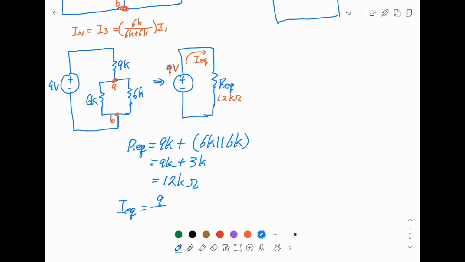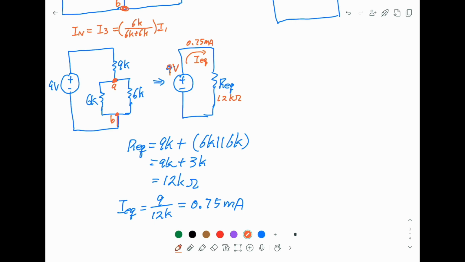Of course the total current is 9 over 12K, the same 9 over 12, and you got 0.75, 1 over K becomes milliampere. So this current here is 0.75 milliampere.